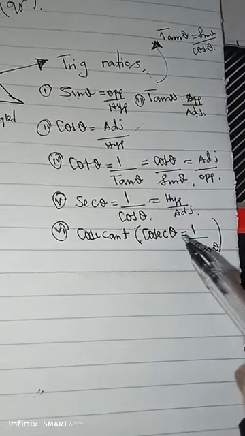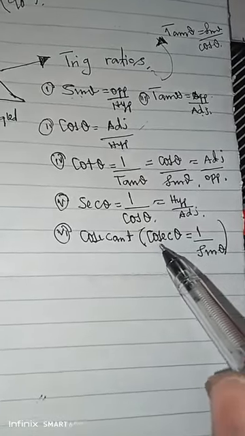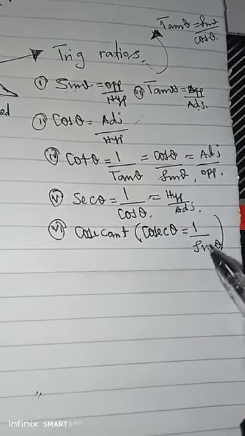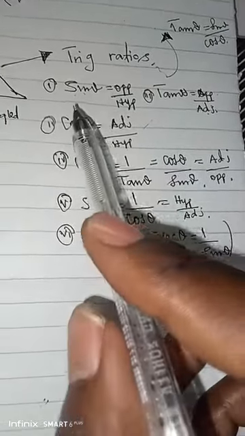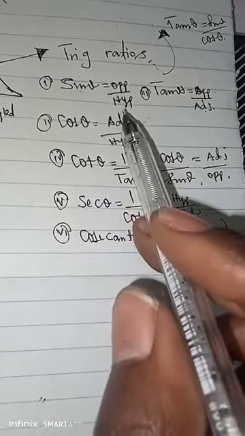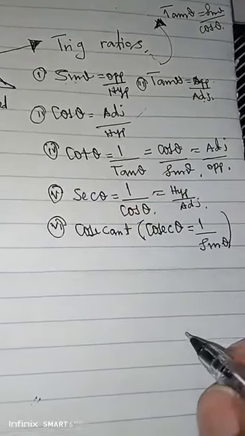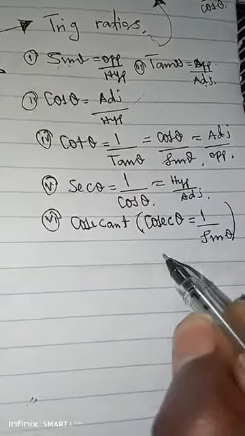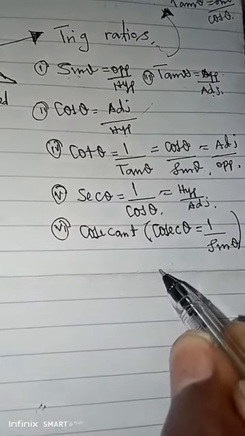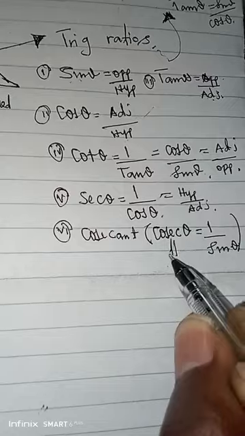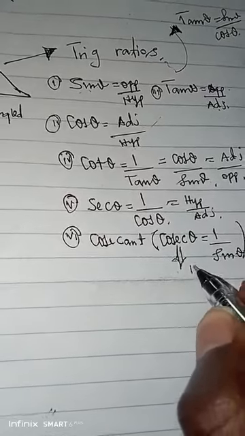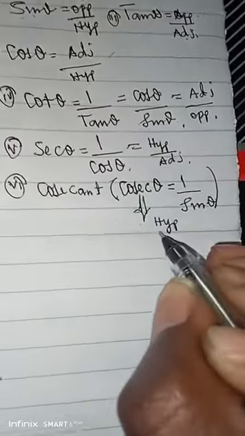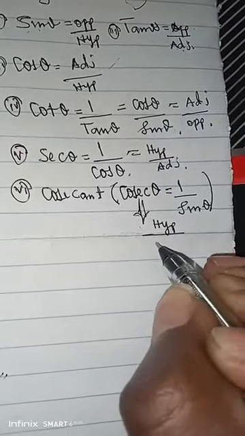The same thing can also be said of cosec theta. It's just an inverse of sine. So if sine theta was opposite over hypotenuse, then your cosec can also be written as hypotenuse over the opposite.